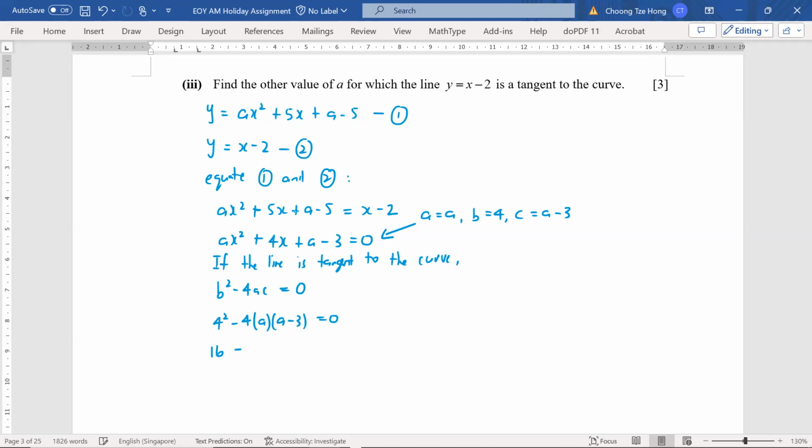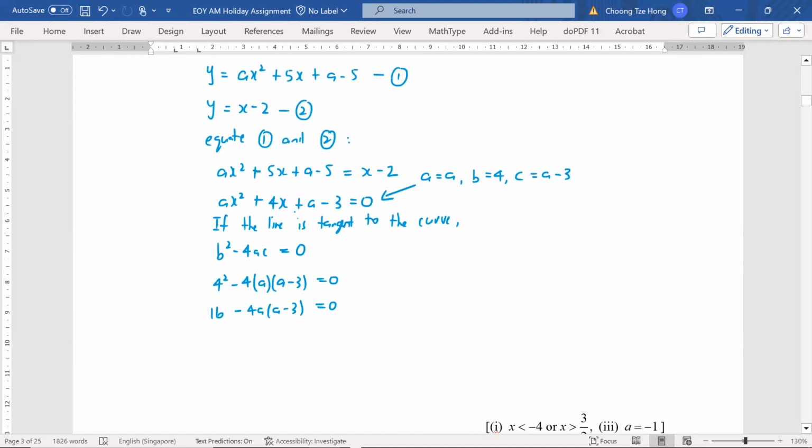You get 16 minus 4a squared plus 12a equals 0. Let's do an intermediate step to avoid making mistakes. Basically, what I'm going to do is divide by -4.